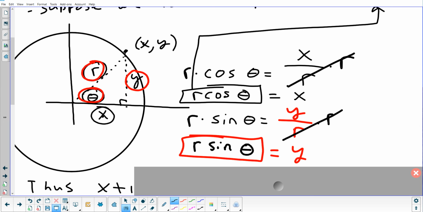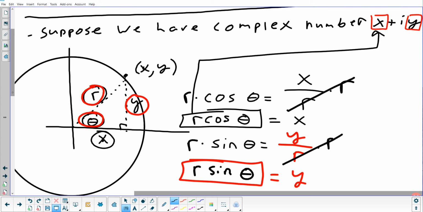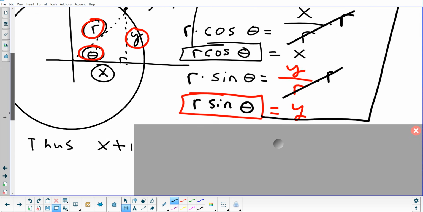In trig form, you want to have an r and you want to have a theta. You don't want to have an x and a y. So now we've got something we can plug in that will get rid of the x and the y. All right.